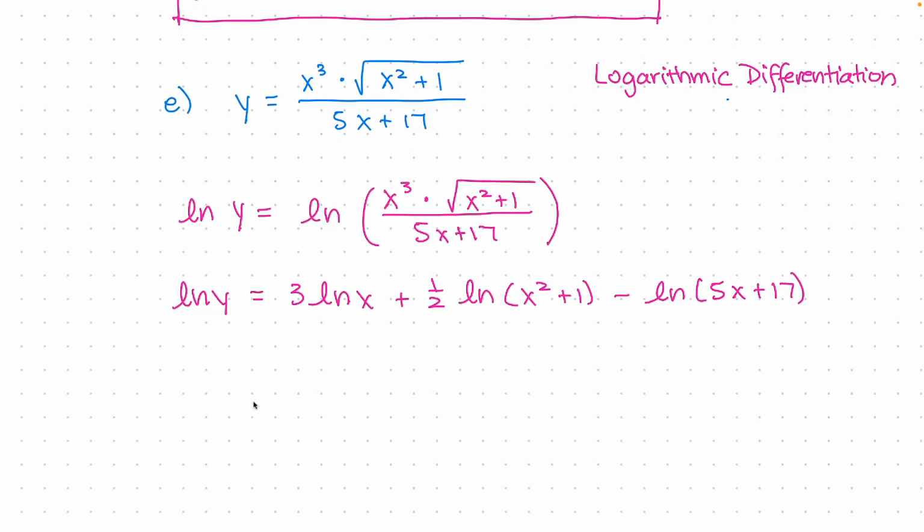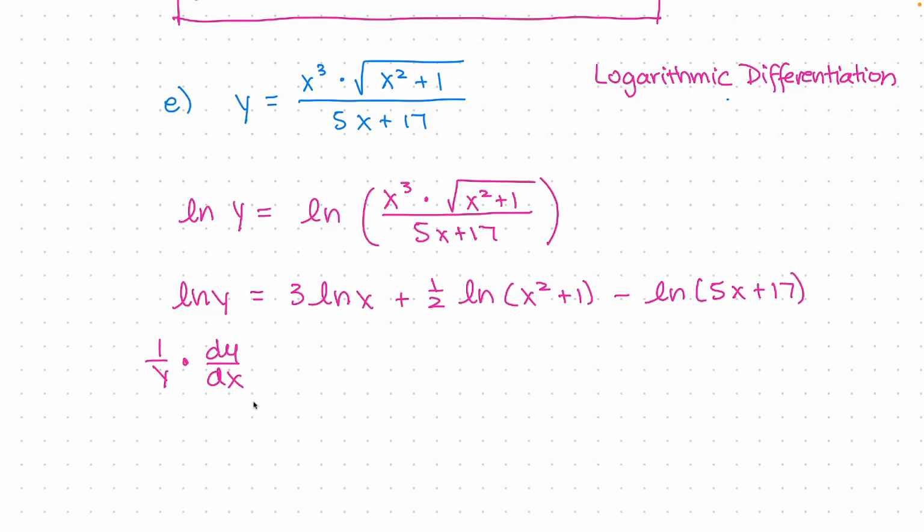But also think about our rule for differentiating natural log. Remember, I keep saying 1 over the argument times the derivative of the argument. So our argument is y. The derivative is 1 over y times the derivative of y. And this is implicit differentiation. So I can still get a dy dx out of this.